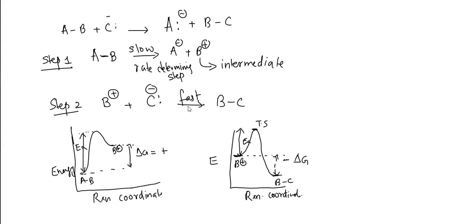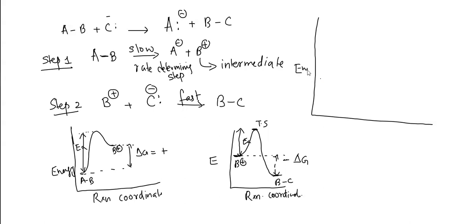Now we can actually combine these both into one single energy diagram, because it's overall one single reaction, right? Which happened in 2 steps. The mechanism shows 2 steps, so we can draw the energy diagram corresponding to the 2 steps here. But then finally, we can combine both of them into one energy diagram, which can be represented like this.